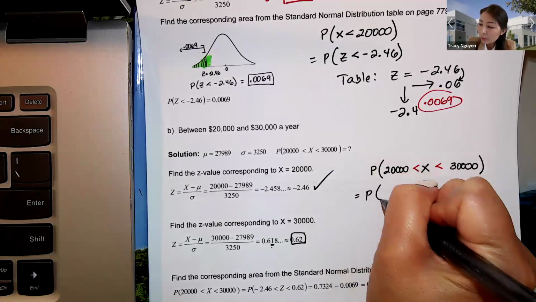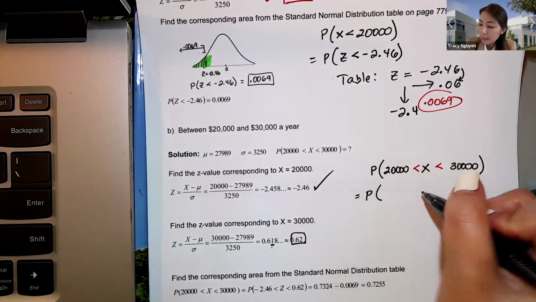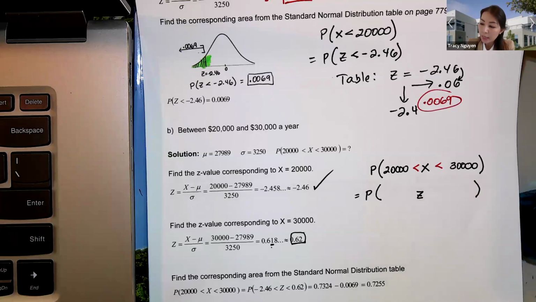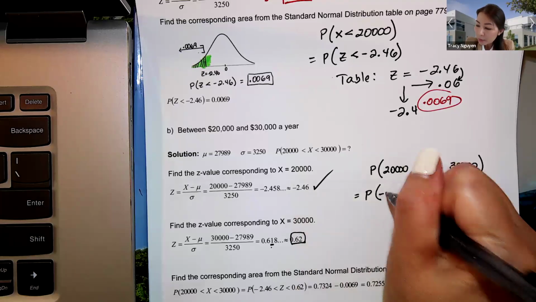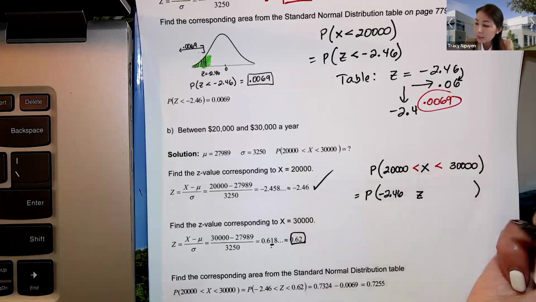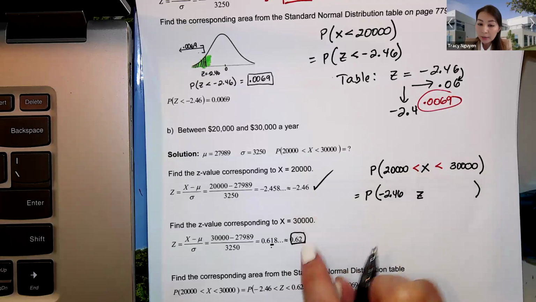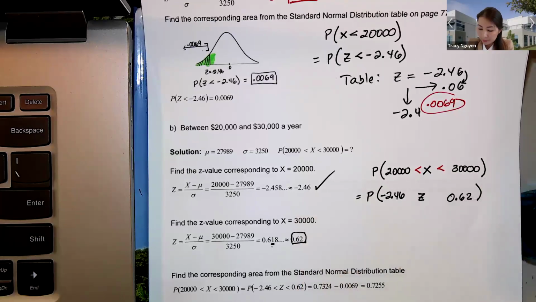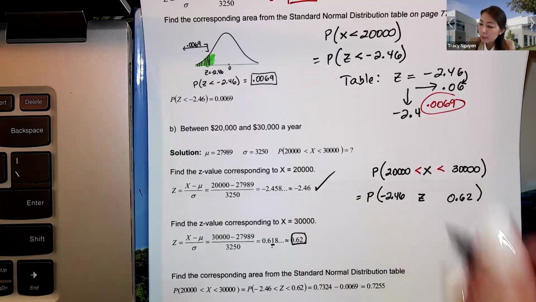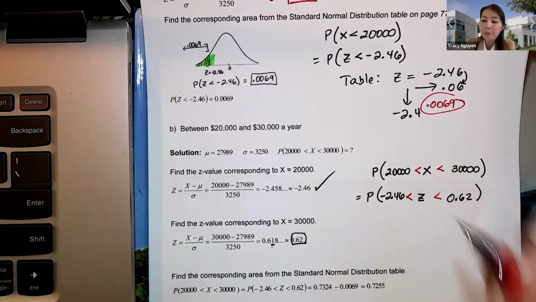Then now, you're going to write your probability in terms of Z, okay? For X equal to 20,000, we have it corresponding to Z of negative 2.46. For X equal to 30,000, we have it corresponding to Z equal to 0.62.